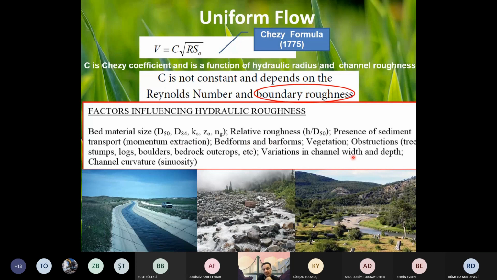Bed form also can increase or decrease roughness. When we have straight channels, we have these meandering ones like a sine function. You know, it has several bends along the channel. You see, water moves here, then here, then here.